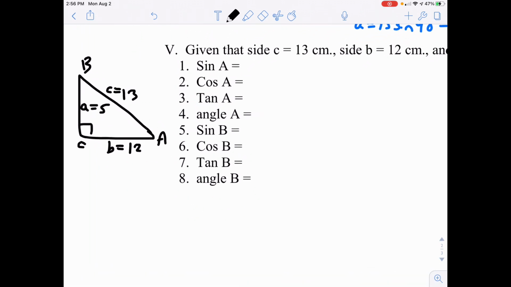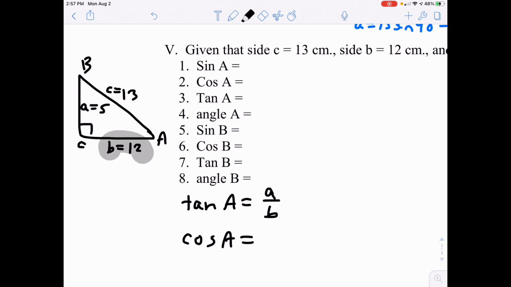And there's a lot of choices you could make. I could focus my attention on just finding angle A first. I could say the tangent of angle A equals side A over side B. Tangent of A equals opposite over adjacent, TOA. I know both of those sides, so I could do this. Or I could go the cosine of angle A equals adjacent over hypotenuse.